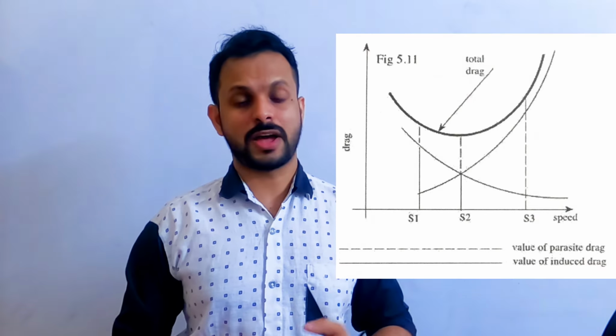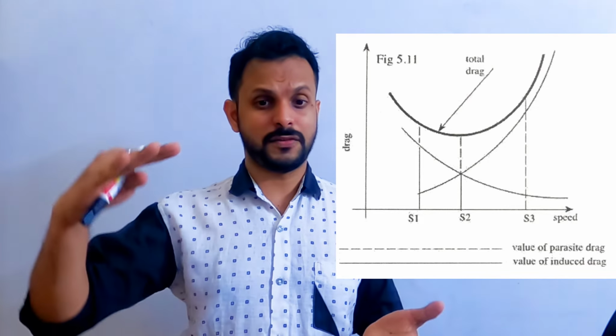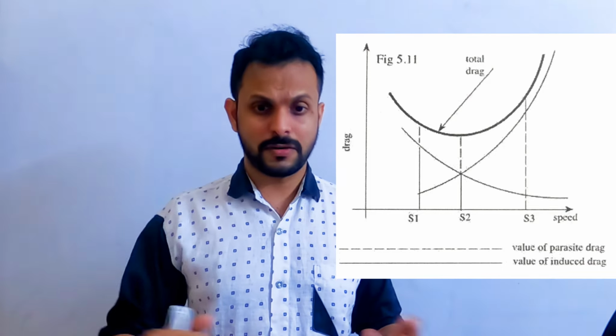Now talking about lift-induced drag, that's because of the production of lift itself, a component of which now acts in the direction of drag, and that is what is called lift-induced drag. We have seen all those things in detail in the previous class. We have seen graphs of both lift-induced drag and parasitic drag with indicated airspeed, and we have combined the graphs together. We have seen the total drag curve.